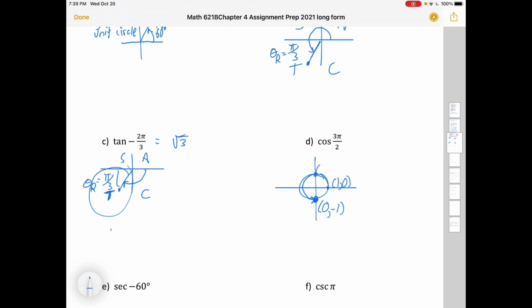If you get angles that are right on the axes, I would just think about the circle. Okay. So we're talking about this point right here. And since it's cosine, we care about what its x value is. Well, its x value is 0. Okay, so at that angle, the x value on the unit circle is 0. Therefore, the cosine of 3 pi over 2 is 0.